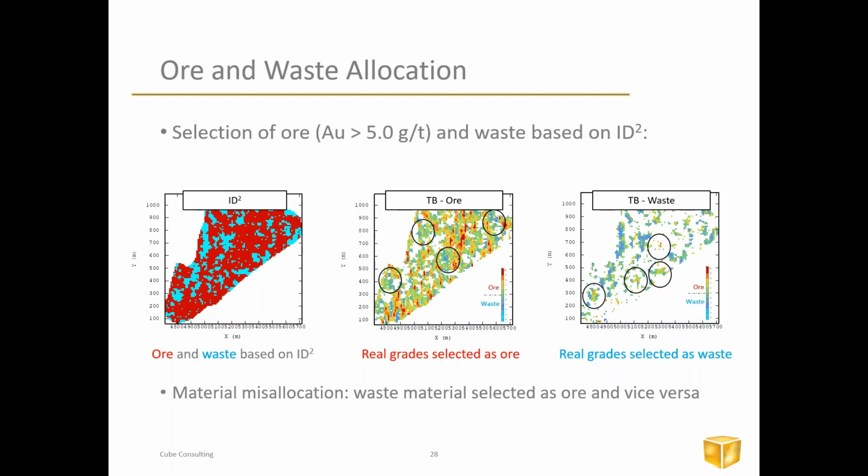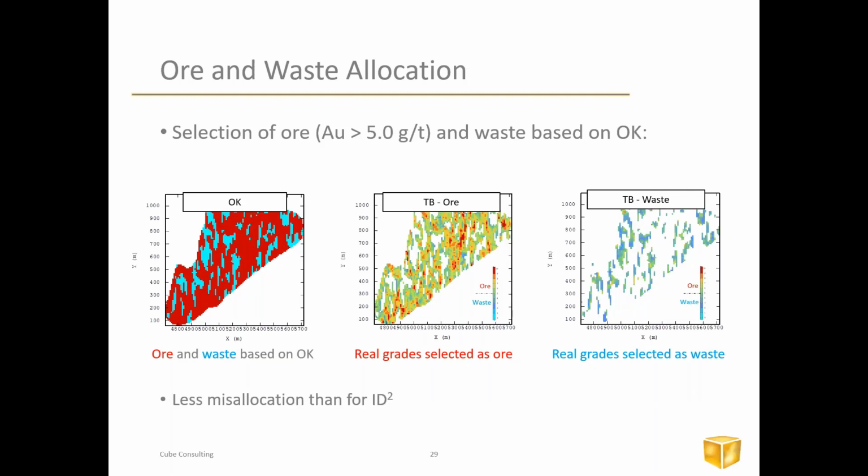I'm going to look at the true grade. First picture, the true grade that I've selected is ore. What you can see is that I have some blue blocks that I've circled in black. That means we have waste material that is being selected as ore. Vice versa, in the waste selection of material, I have some ore blocks that are being selected as waste.